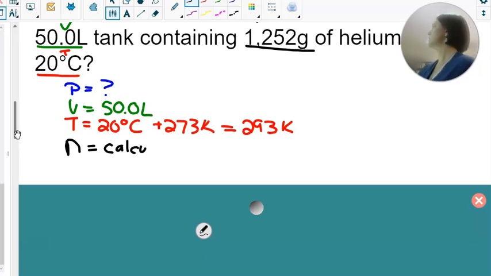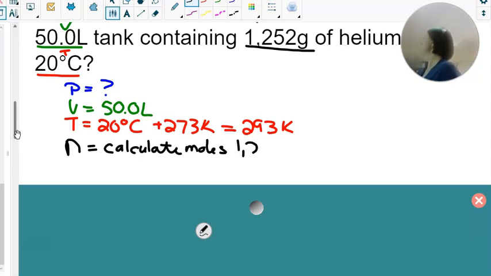All right. And then N, calculate moles of 1,252 grams. Okay, so let's do that first.